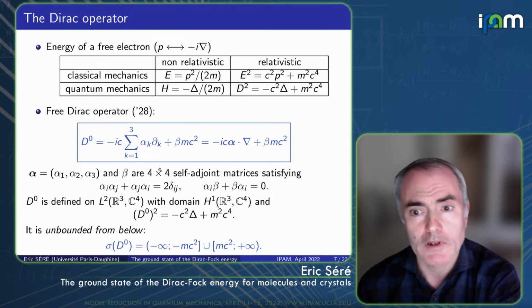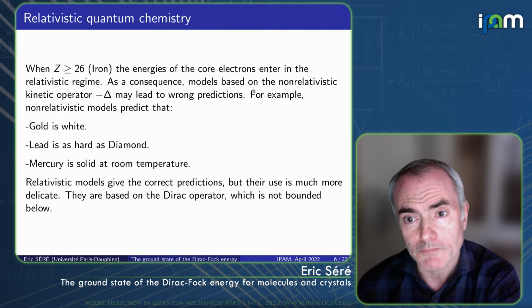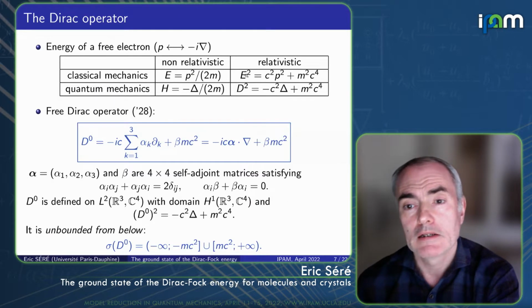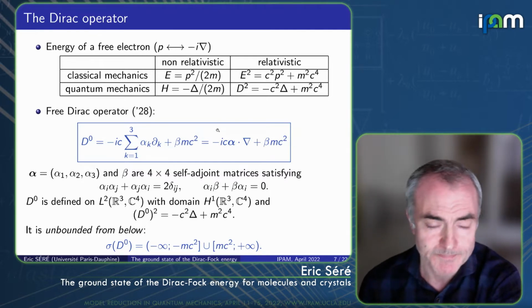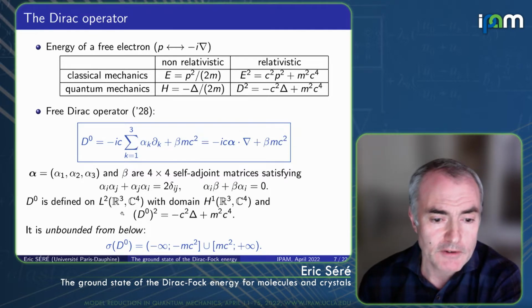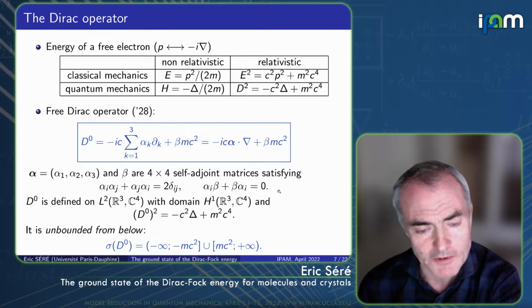These rules are such that the Dirac operator should have a square equal to minus c squared Laplacian plus m squared c to the fourth, which is the quantum mechanical analog of the relativistic relation between energy and momentum. So you find that the simplest solution are 4 by 4 matrices, and these are the Dirac matrices.